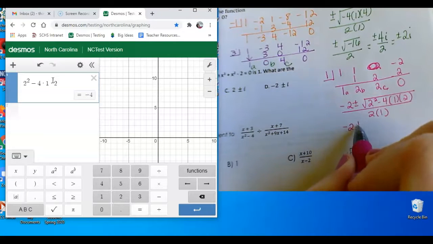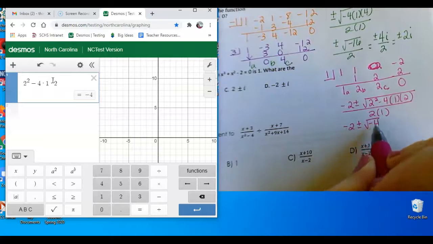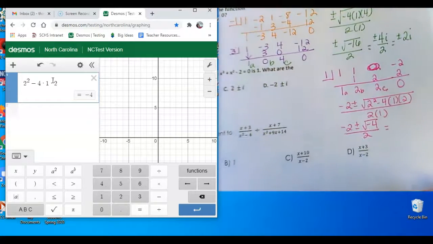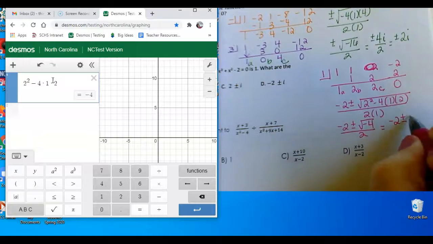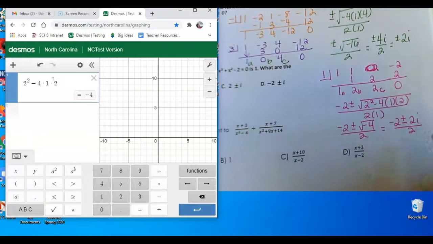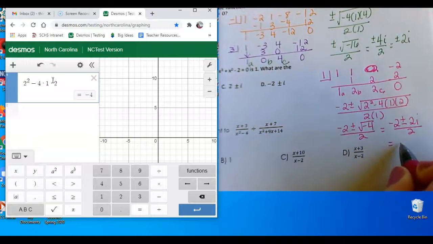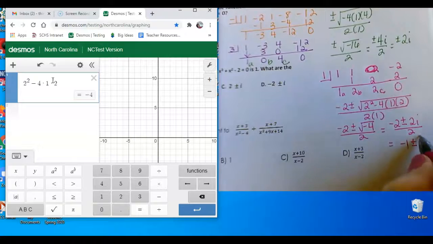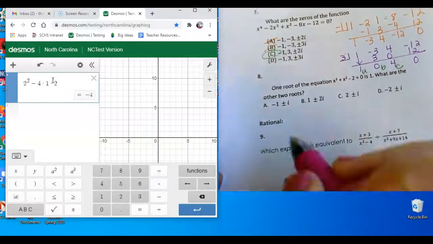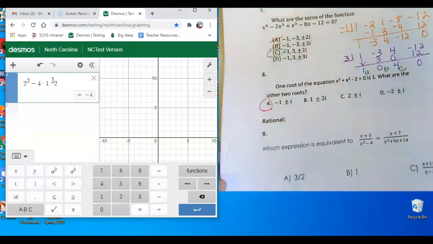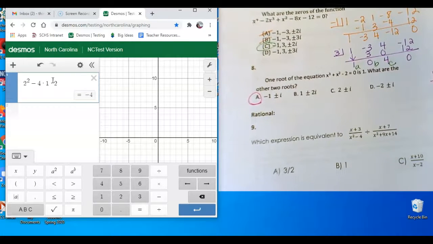So -2 plus or minus the square root of -4, over 2. So that's -2 plus or minus 2i over 2. All the 2's cancel, so -1 plus or minus i. Looking back at our choices, that means our answer was A.